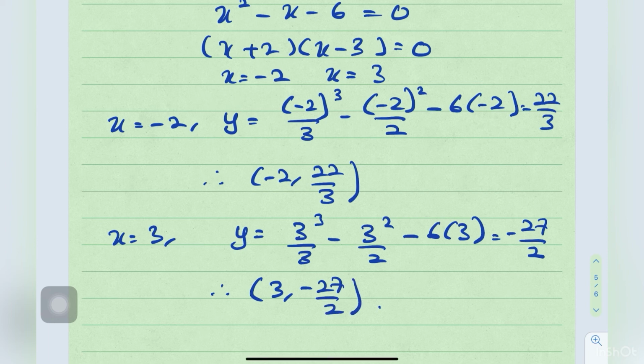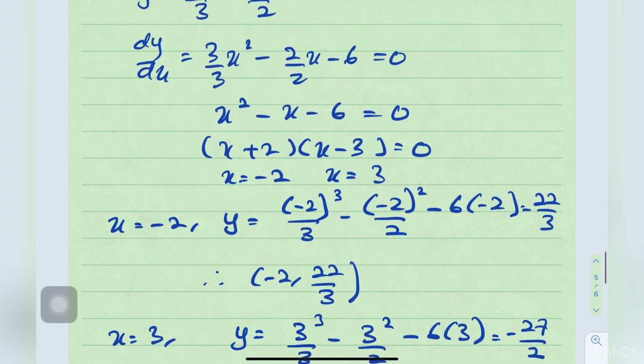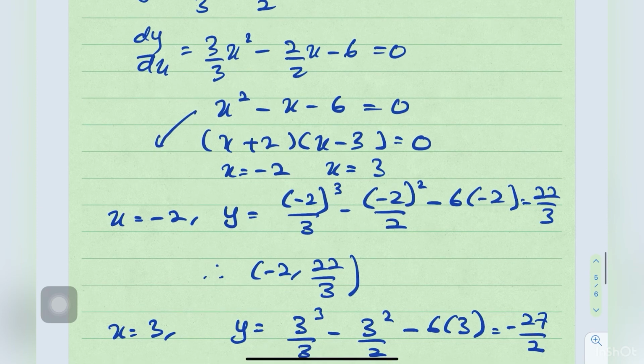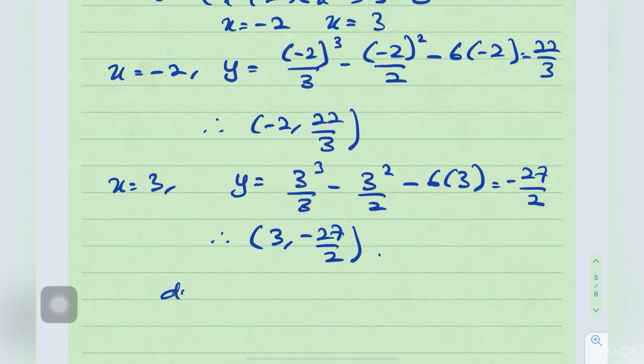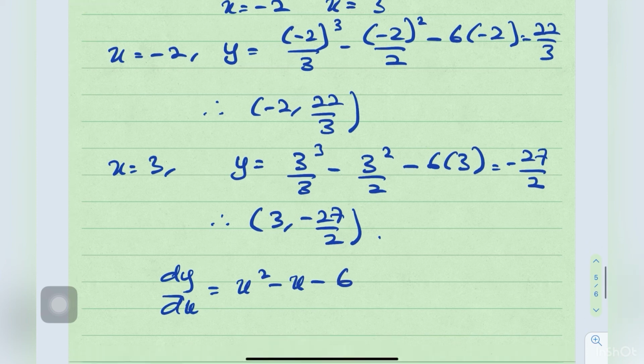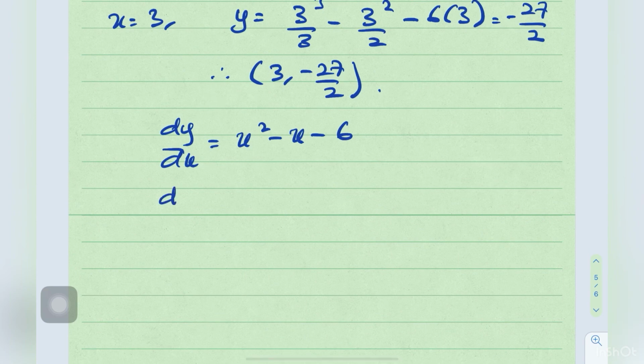Now we have to identify which of these two coordinates is maximum and which is minimum. From the previous step, this is your dy/dx: x squared minus x minus 6. To identify maximum or minimum, find the second derivative: d²y/dx² equals 2x minus 1.